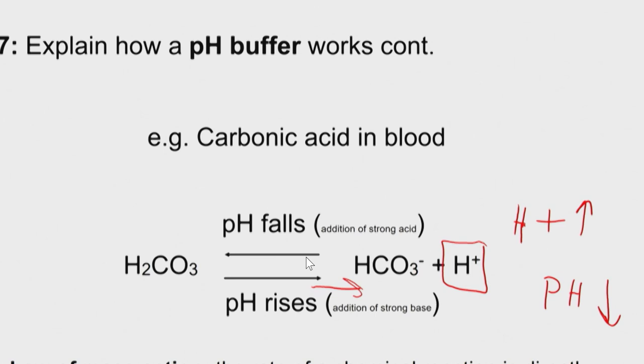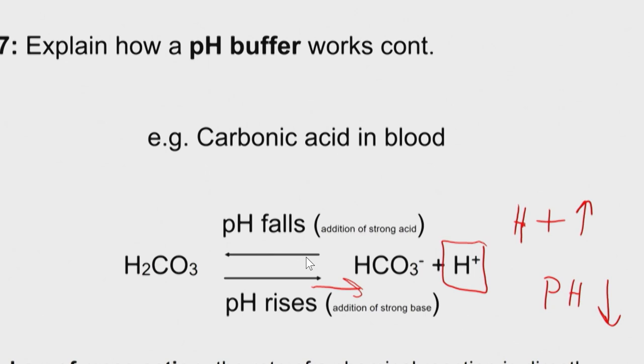So what does that mean? I'm not going to write it on the screen, so I don't confuse you, but that means that I could use the backwards arrow and go the other way. So if I needed to raise my pH, if I needed to lower my H plus concentration, I could take those H plus ions out by providing HCO3 negative to the solution.